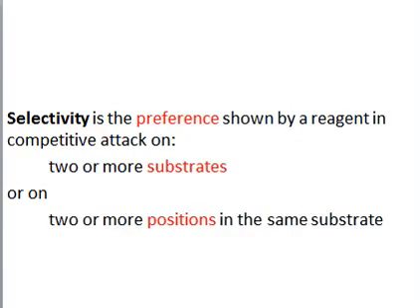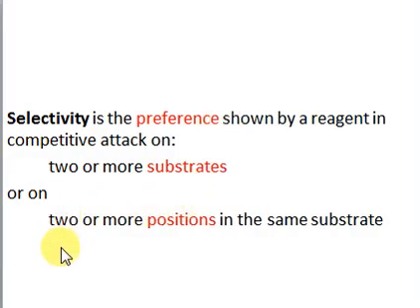Selectivity means preference, right? So when we talk about selectivity in organic synthesis, it means that when we are carrying out a reaction with a reagent, the reagent prefers one substrate to another, or the reagent may prefer to attack one position over another.